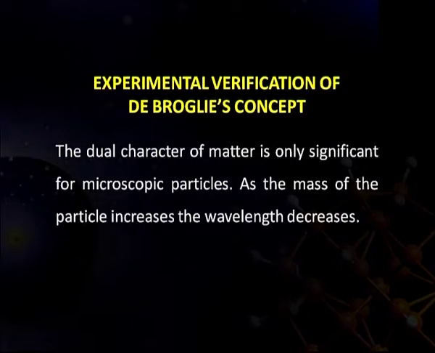The dual character of matter is only significant for microscopic particles. As the mass of the particle increases, the wavelength decreases. It may be so small for bigger particles that it cannot be measured. In other words, macroscopic bodies have no observable de Broglie wavelength.